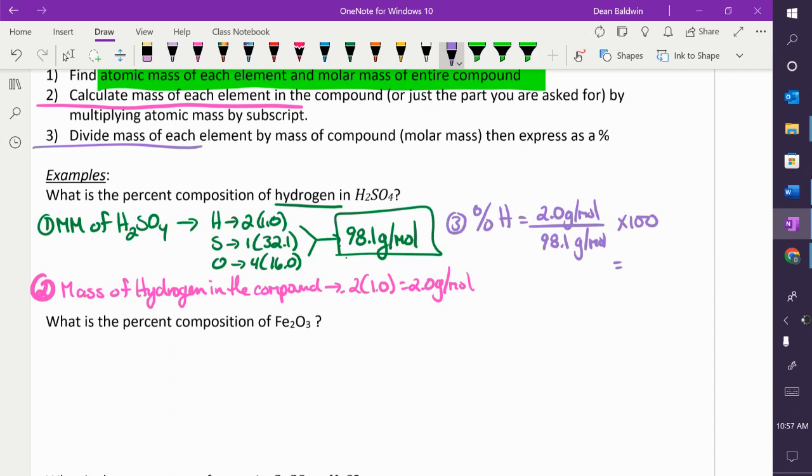Let's come up to 2 exactly. 2.03, 2.04, 2.038.